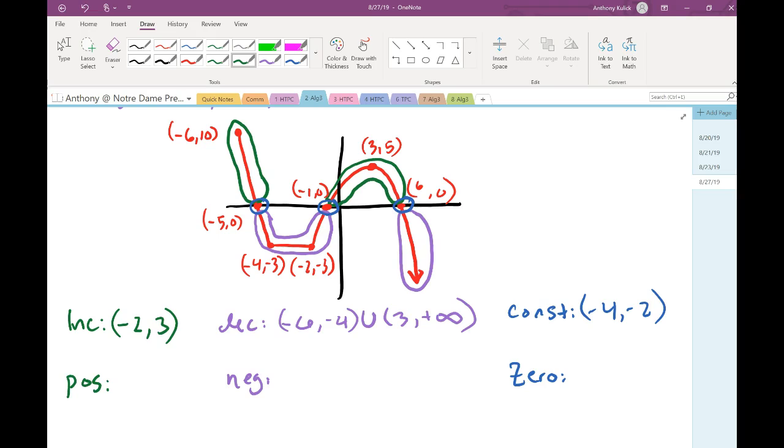Okay. So the positive part begins at -6 and then ends at -5. I notice the point with the x-coordinate of -6 is above the x-axis, so that part's going to get a bracket. But the part with the -5 is on the x-axis, so that'll get a parenthesis.